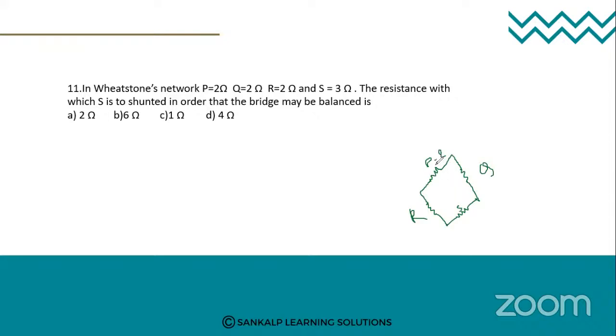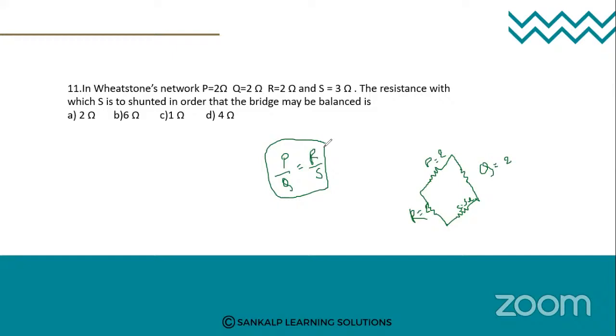P is equal to 2 ohm, Q is equal to 2 ohm, R is equal to 2 ohm, and S is equal to 3 ohm. The resistance with which S is to be shunted in order that the bridge may be balanced. Here P, Q, R are all 2 ohm, but S is 3 ohm. The Wheatstone network is balanced when P by Q is equal to R divided by S. When this is equal, we can say that the bridge is balanced.